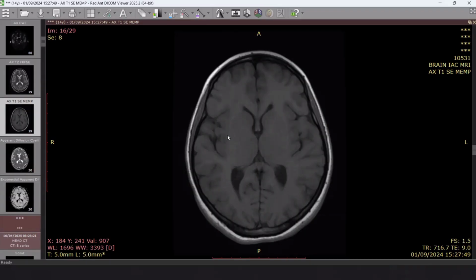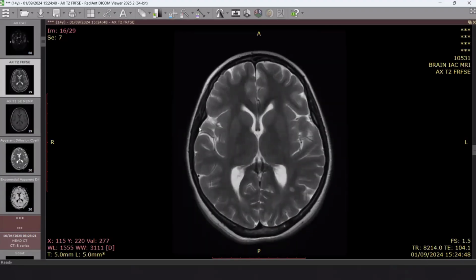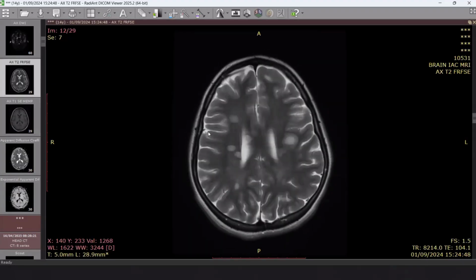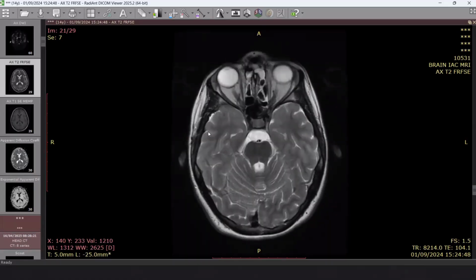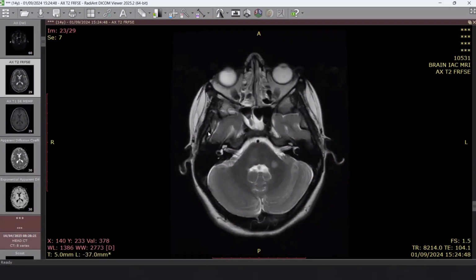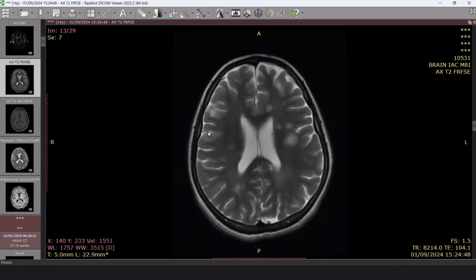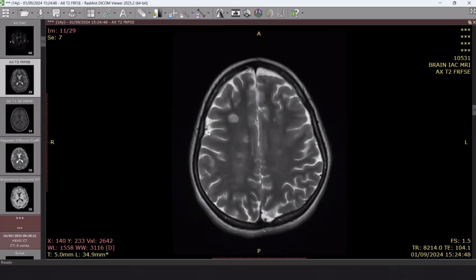I reported this as multifocal hypodense patchy areas and recommended an MRI study. Once we did the MRI, we found typical criteria of MS: perpendicular orientation, callososeptal location, and some of the lesions show restricted diffusion. Those are the characteristic features of multiple sclerosis.